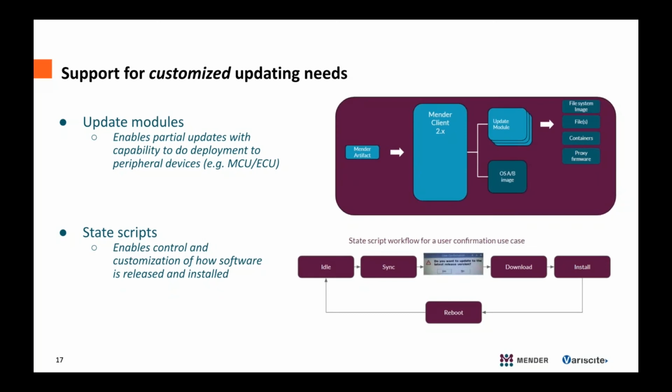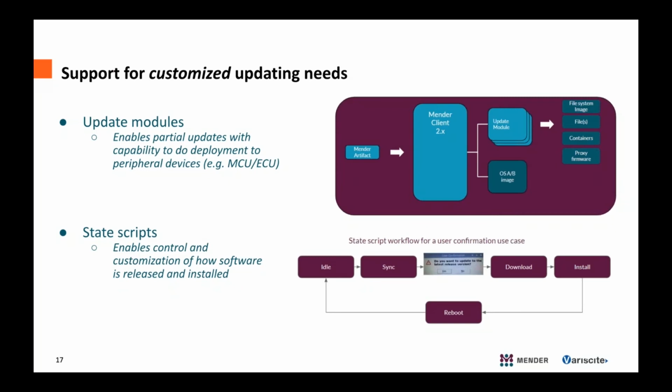In this case, you have a plug-in script that knows what to do with a particular type of payload, and you use Mender as the transport, and it will unpack the payload. And once that payload is available, it'll identify what type it is, and it will hand it off to your particular plugin. This is how we can handle things like Debian package updates or Docker container updates.